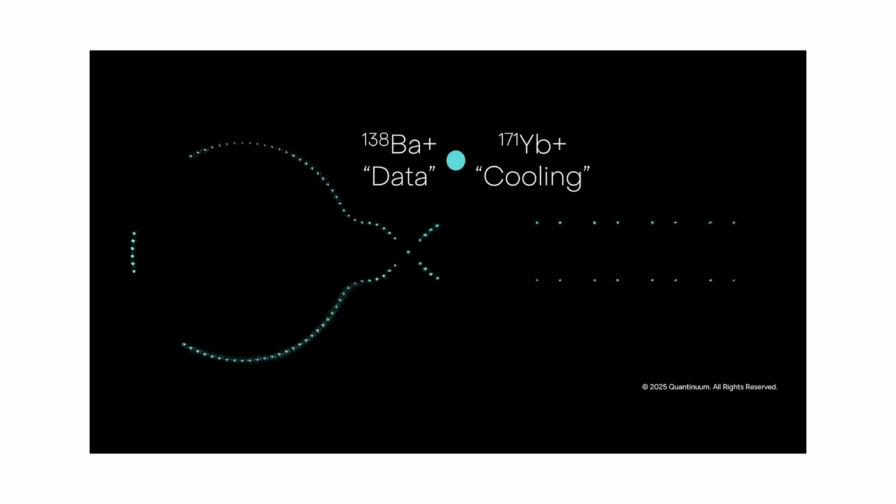The nice thing about ion traps is that these things can move around. It's not like in other architectures, like superconducting qubits, where your qubits are fixed. Here they can move around. In particular, in our device, we have this big ring where the ions can move around in a cycle.